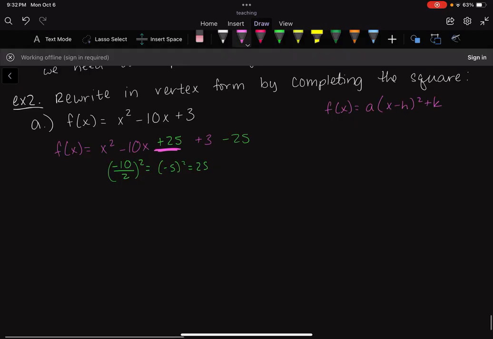But it'll allow me to factor this little piece right here. So now I'm going to factor that into (x minus 5) squared. And then the positive 3 minus 25 would leave me with negative 22. And so this is vertex form.